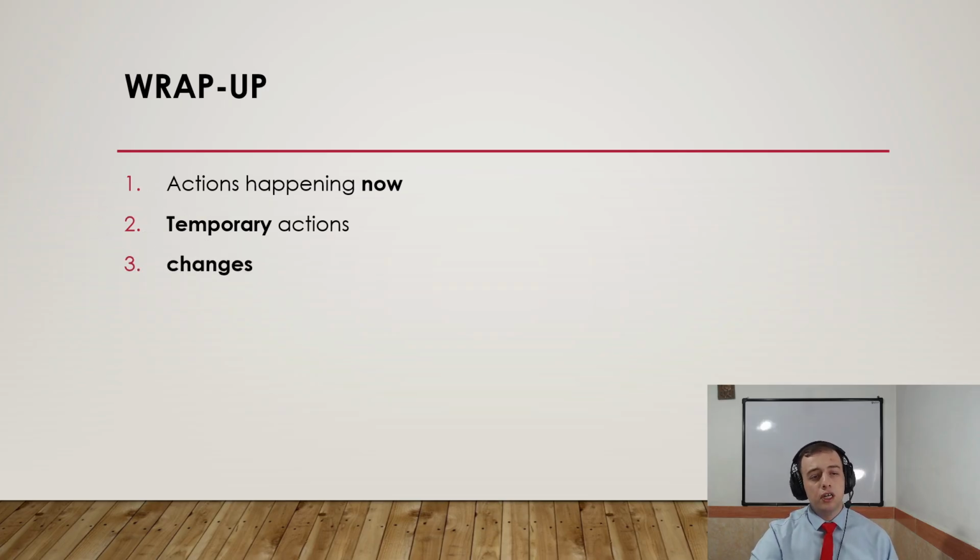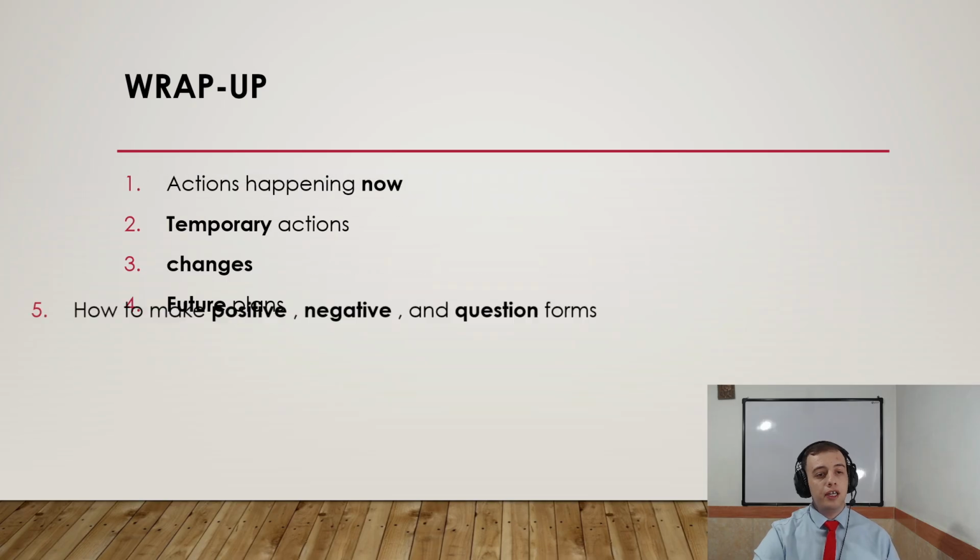Number three talks about changes. For example, I am becoming old. It is a change in my appearance, actually. The fourth one was future plans. For example, I am having a meeting tomorrow. This is a personal arrangement and also it is a fixed plan for me.